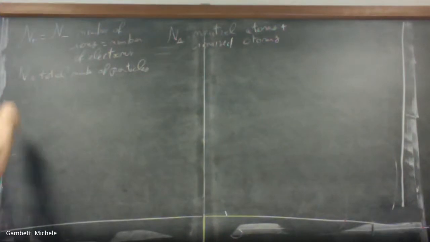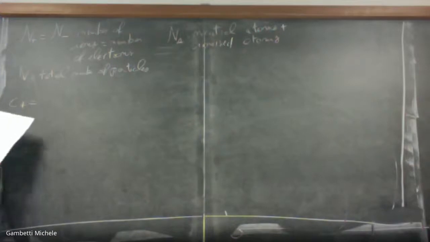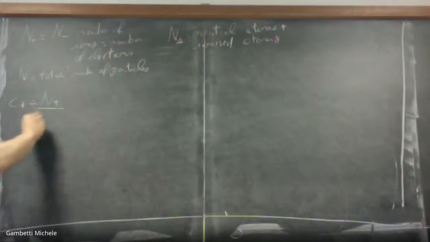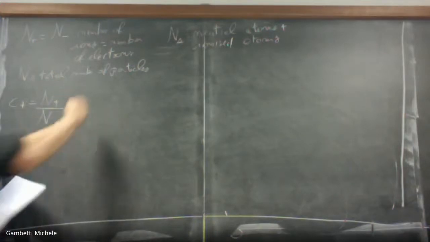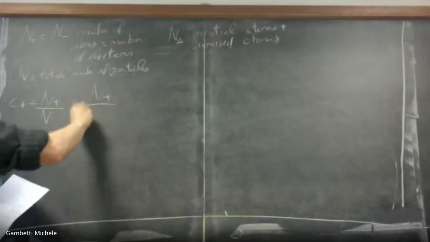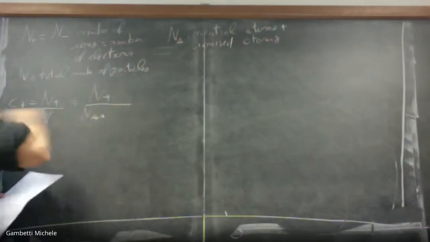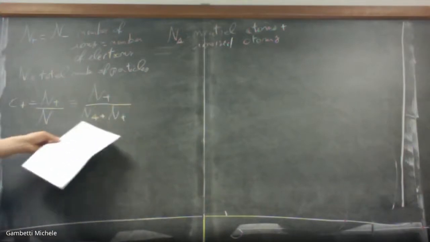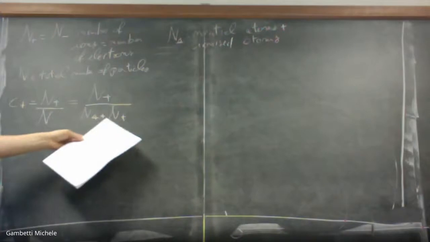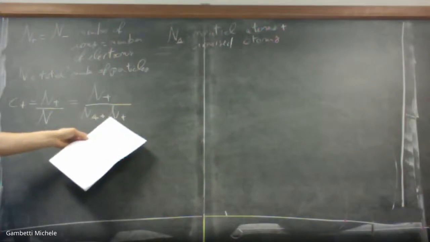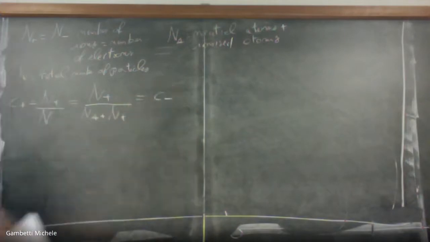In particular, C plus, which is the concentration of ions, is N plus divided by N, which is equal to N plus divided by Na plus N plus, where Na contains the atoms and N plus contains the electrons or the ions, and is also equal to C minus.